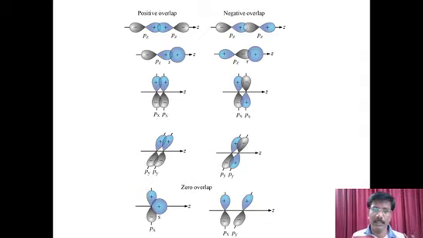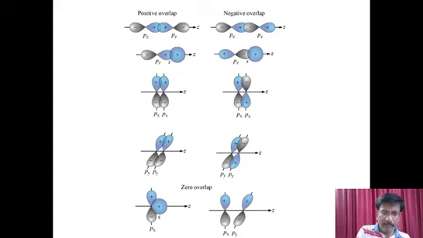That is, p orbital and p orbital are overlapping sideways. Here also positive positive and negative negative interaction only leads to bond formation. If the positive side and negative side are interacting, as given on the right side, there will not be any specific bonding. That is the reason why it is called anti-bonding.